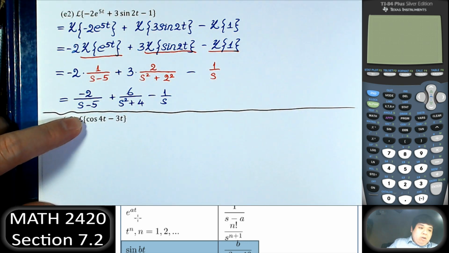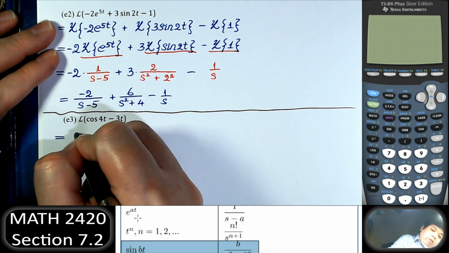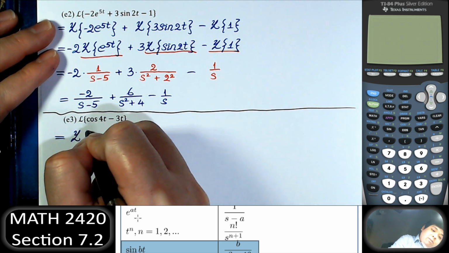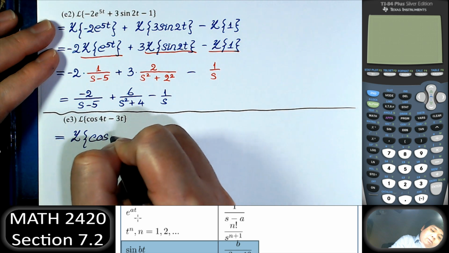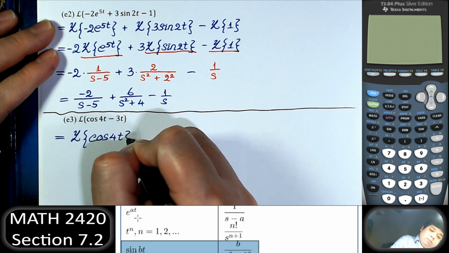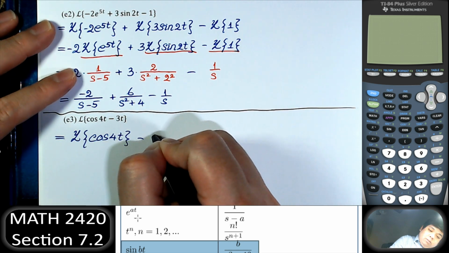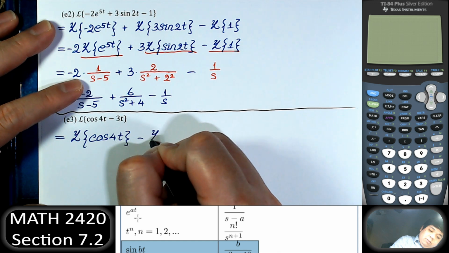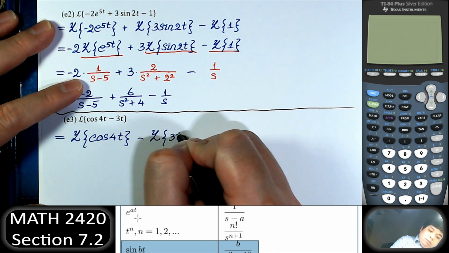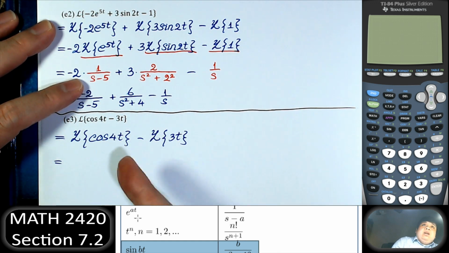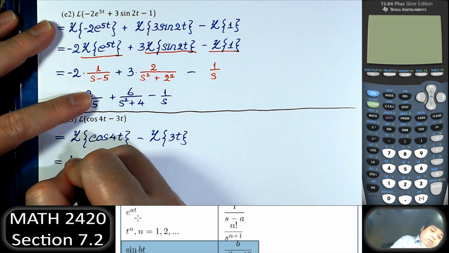Find the Laplace transform of this. So first we can split them. So we split them. Let's take the constant outside as well.